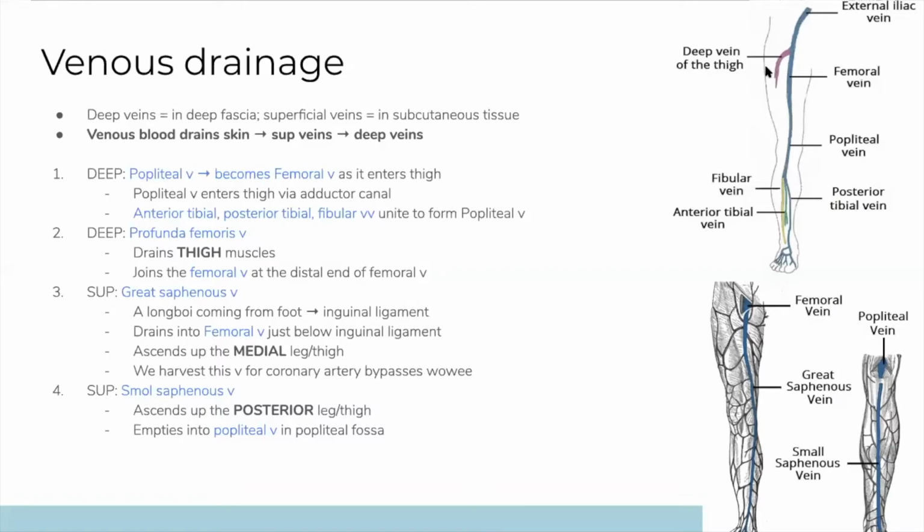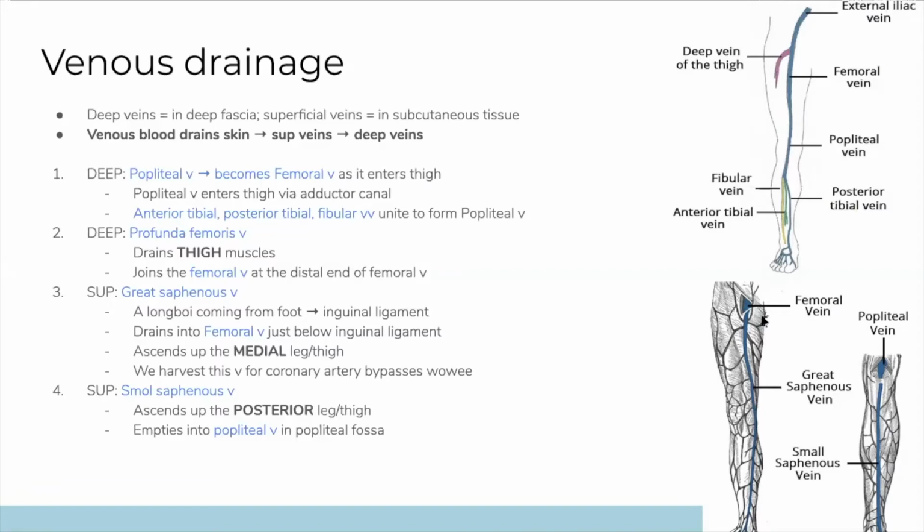We also have a profundus femoris vein, which joins the femoral vein just below the inguinal ligament, and these just drain the thigh muscles. At the bottom here, the popliteal vein is formed by three veins in the leg, which are the anterior tibial, the posterior tibial, and the fibular vein. So these join up just below the knee, become the popliteal, and that runs all the way up, eventually into the vena cava.